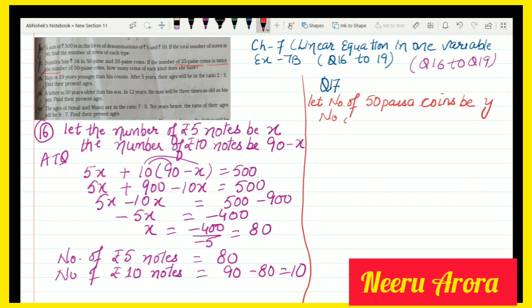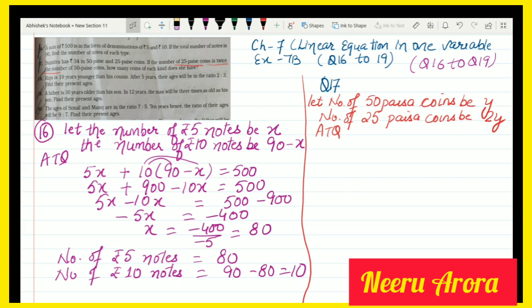Therefore, what will be the number of 25 paisa coins? It is written twice the number of 50 paisa coins, so that is 2y. Now how can we make its value? By multiplying the number of coins with its value.